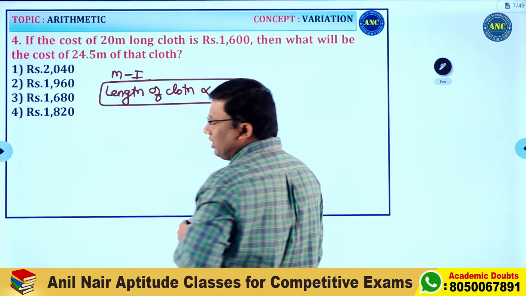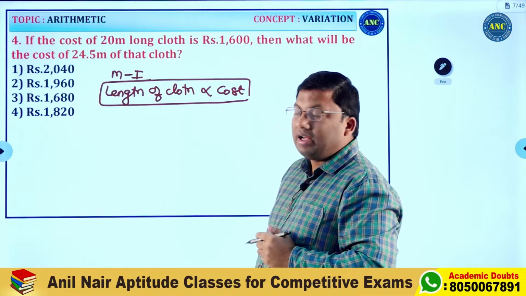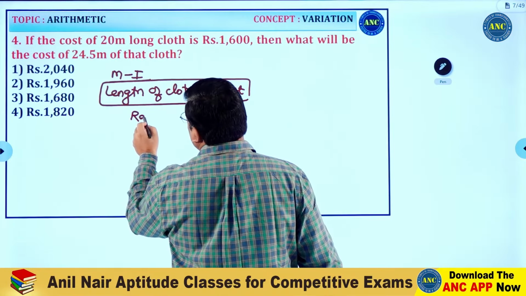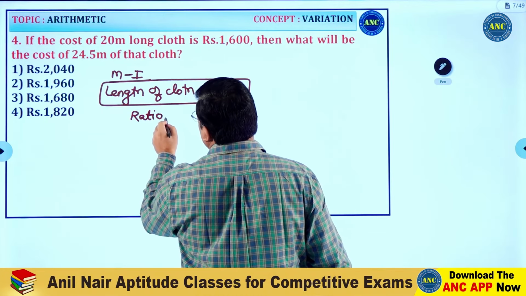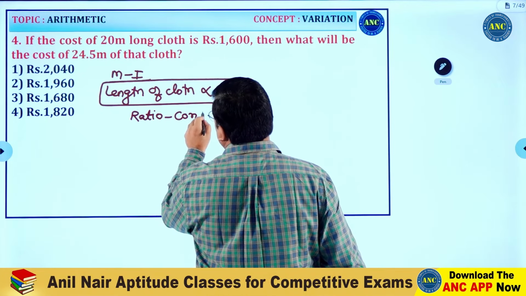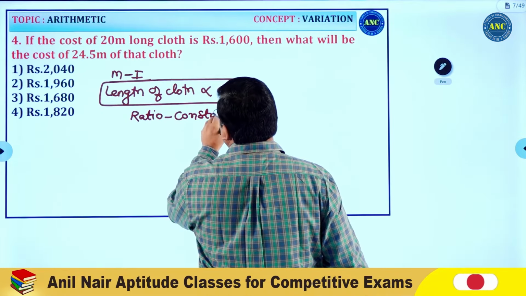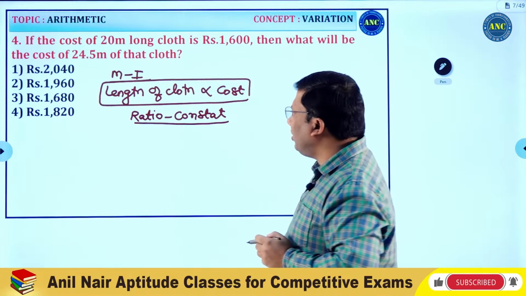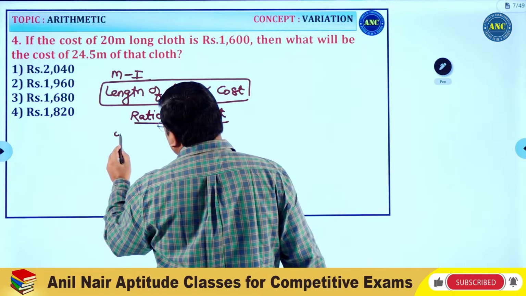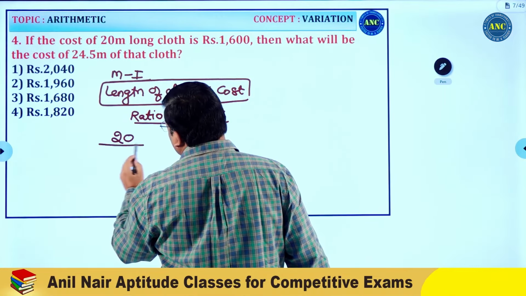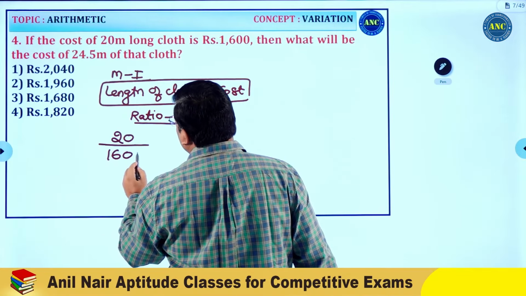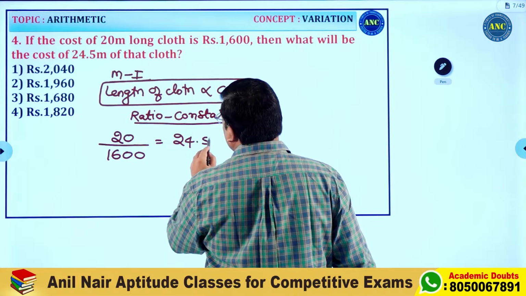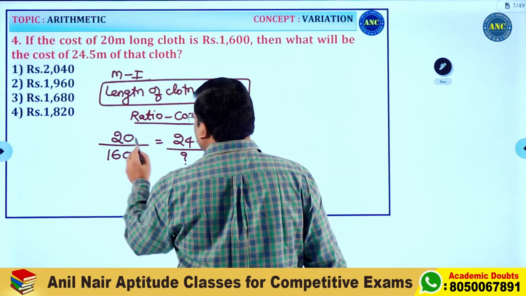What is constant? Ratio is constant. 20 meters length of the cloth costs 1600 rupees. 24.5 meters length of the cloth will cost how much?